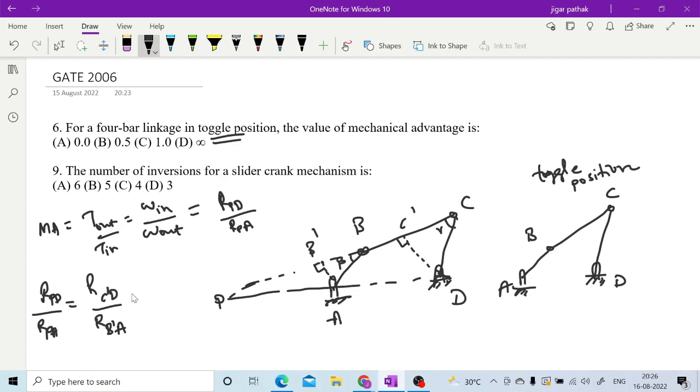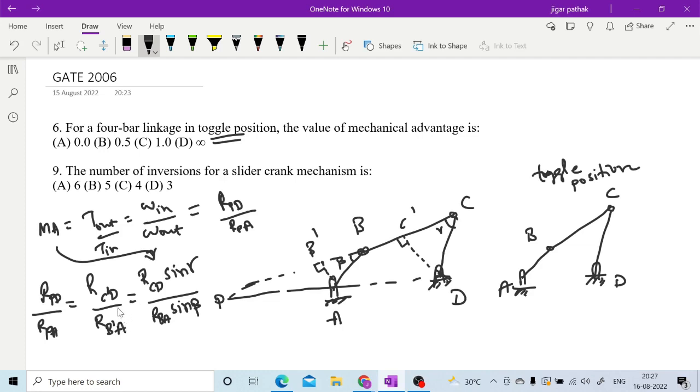So from this you can have this R C dash D is nothing but R C D sine gamma, and R B dash A is nothing but R B A sine beta. So now this is the equation for mechanical advantage actually for you now, right, for this mechanism.